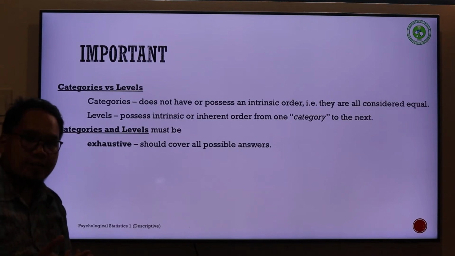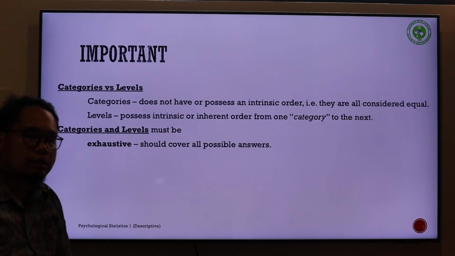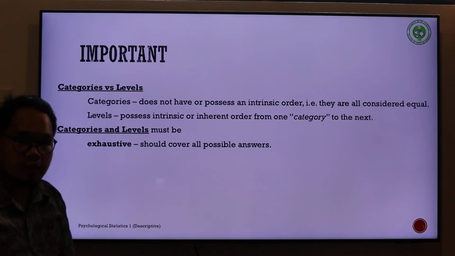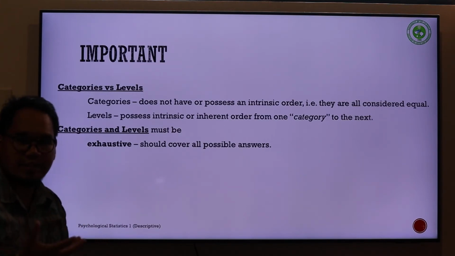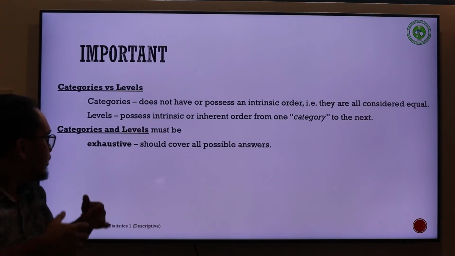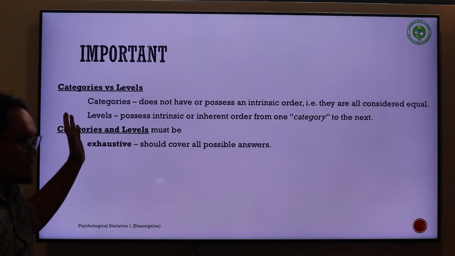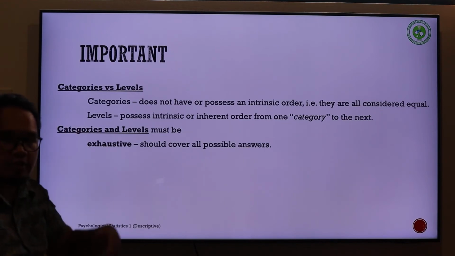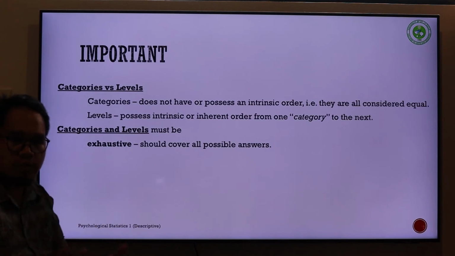Say you want to ask the gender, not the sex this time, of your participants. If you want to consider gender, there's more than two genders. It's not only male, it's not only female. You will consider lesbians, gays, bisexuals, and such. So in order for your questionnaire to cover all the different categories or levels, it should be exhaustive. It should cover all possible results.